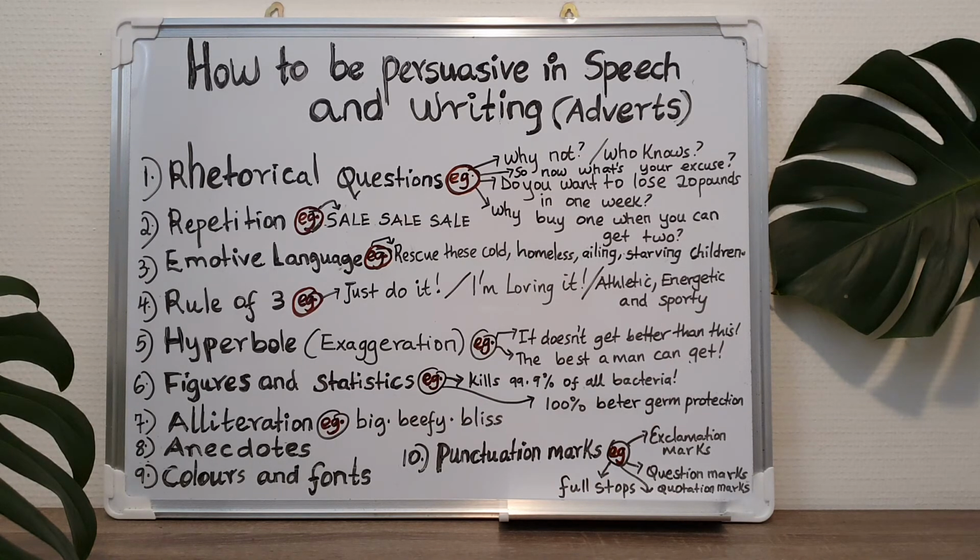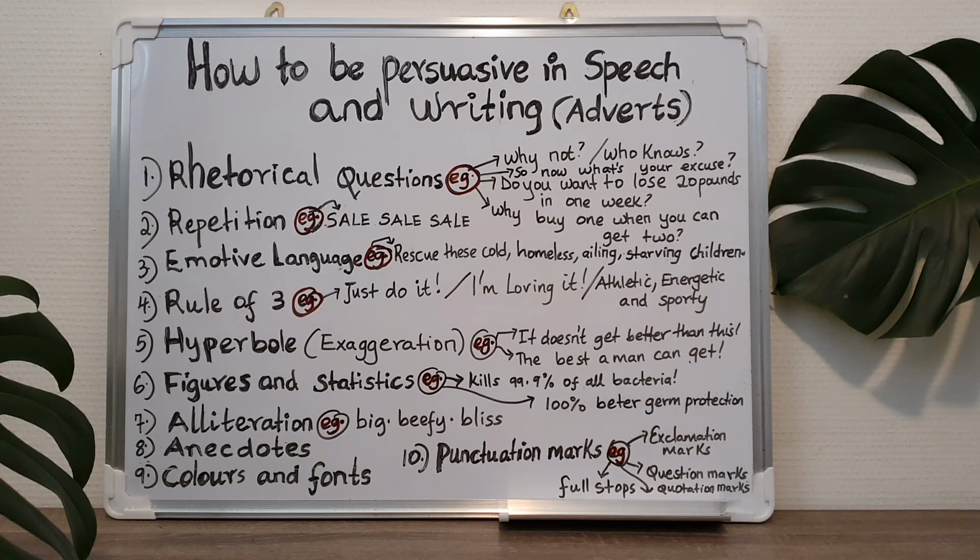Now, I just asked you a rhetorical question, won't you? You will be convinced and you will end up buying that product. Look at the next example, "100% better germ protection."